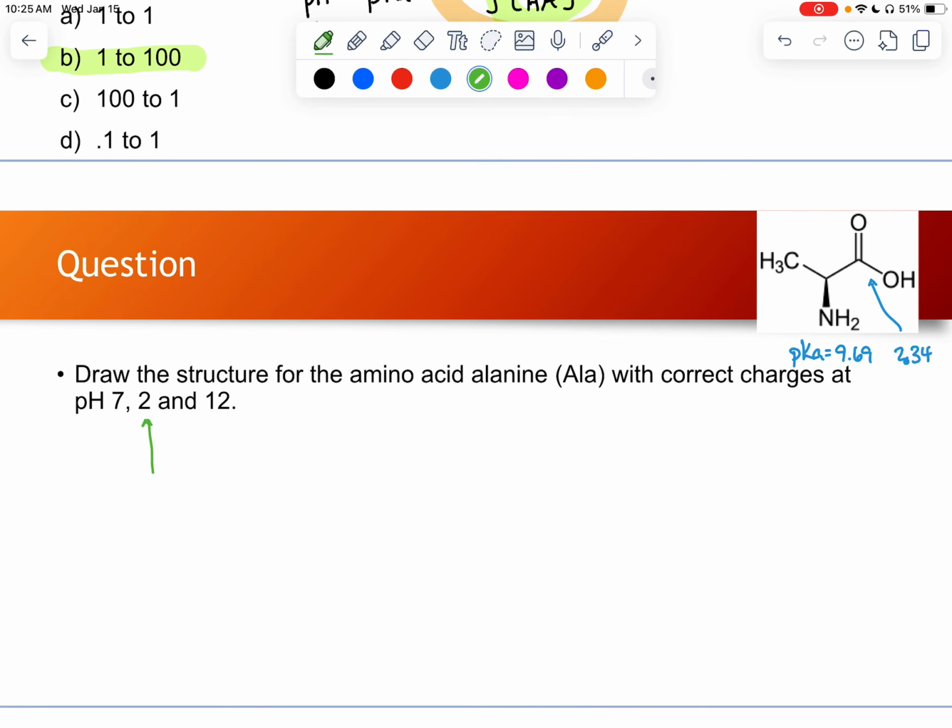All right, I'm going to start at pH 2. At pH 2, I'm going to expect them both to be protonated because I'm below the pKa's. Next, if I look at pH of 7, now I am above this one, so I'm going to expect it to deprotonate.